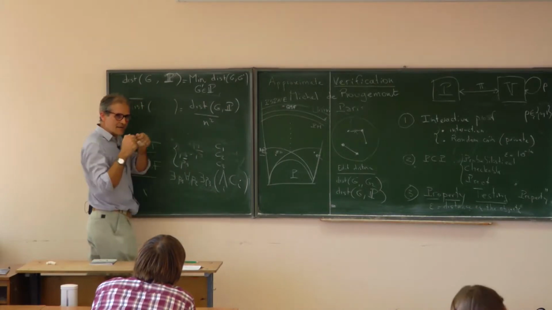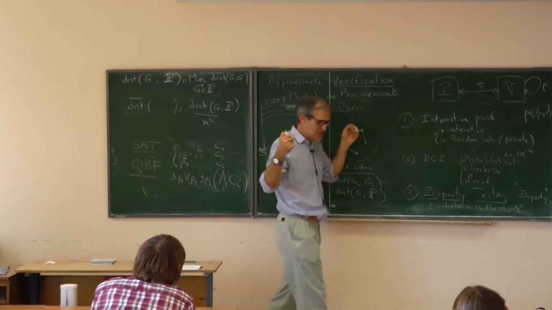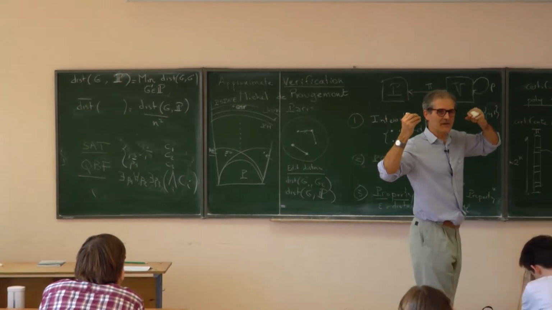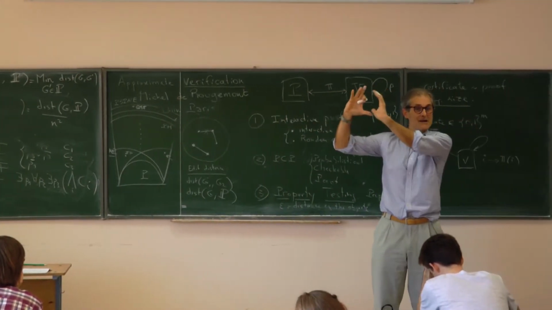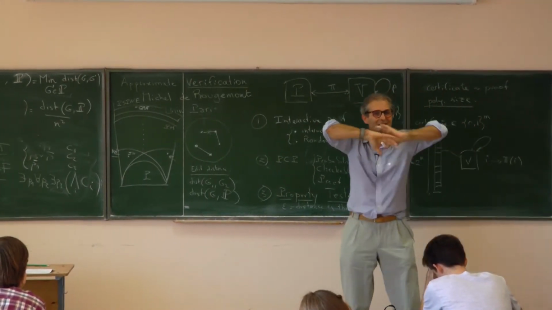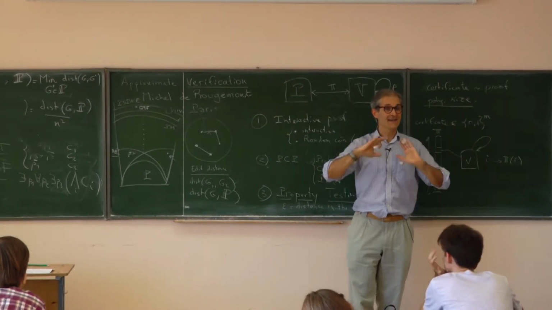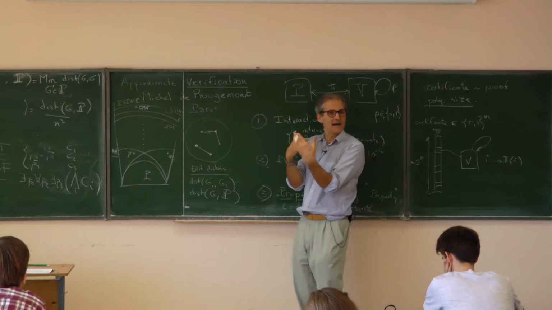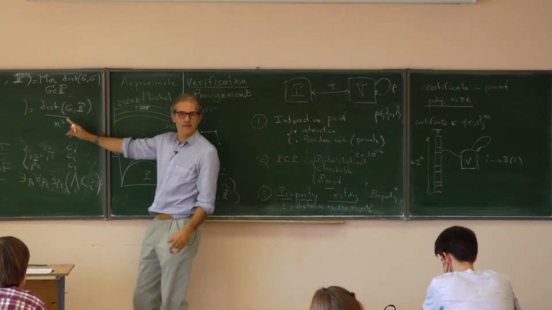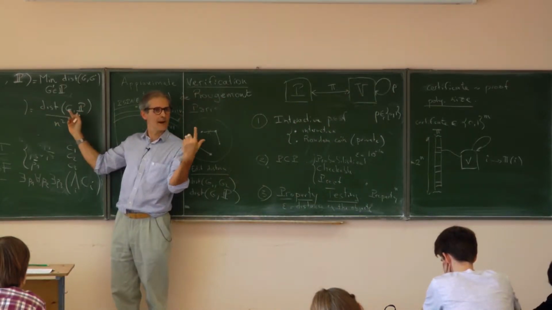Because between two graphs, the first graph is a complete graph and the empty graph, in which case you have to add all edges, so you have n squared edits, and this is actually the optimal. So if you relativize by n squared, you end up with a value between 0 and 1.